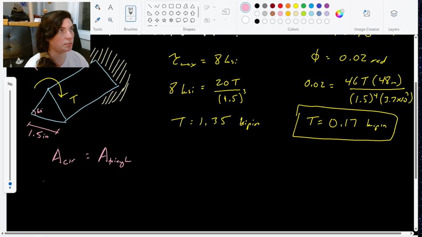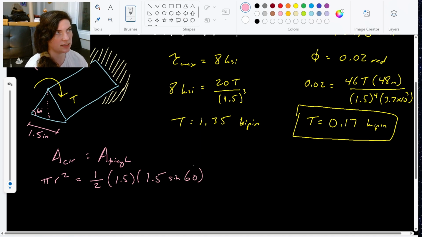So if I wanted this to be a circle, pi R squared, then I would need to look at the area of my triangle here, 1/2 base times height. An equilateral triangle has 60 degrees in all of its corners. So if I wanted this length here, I can just use sine 60.